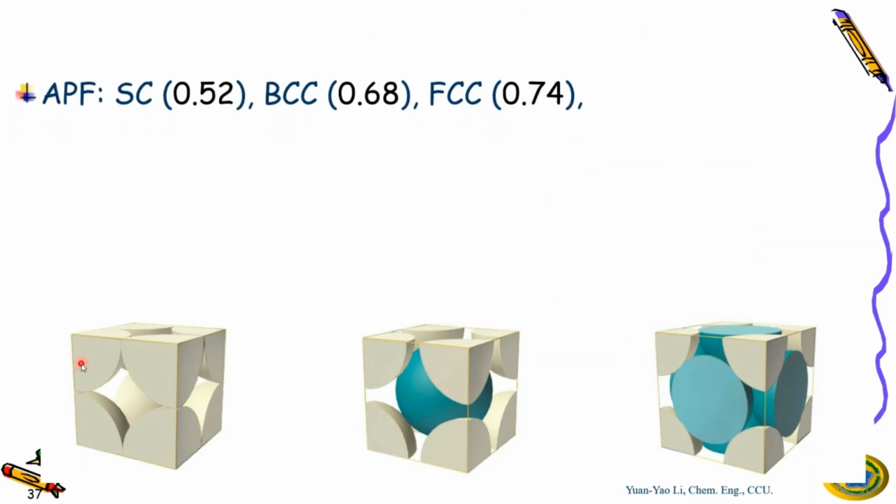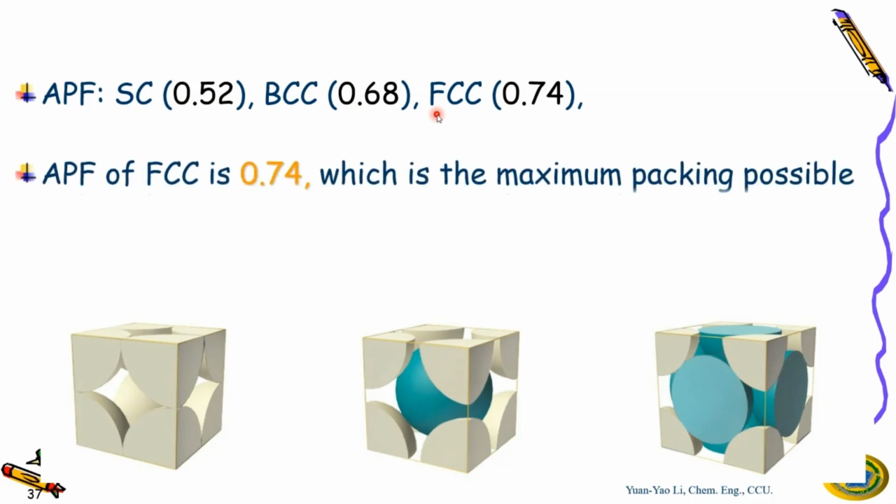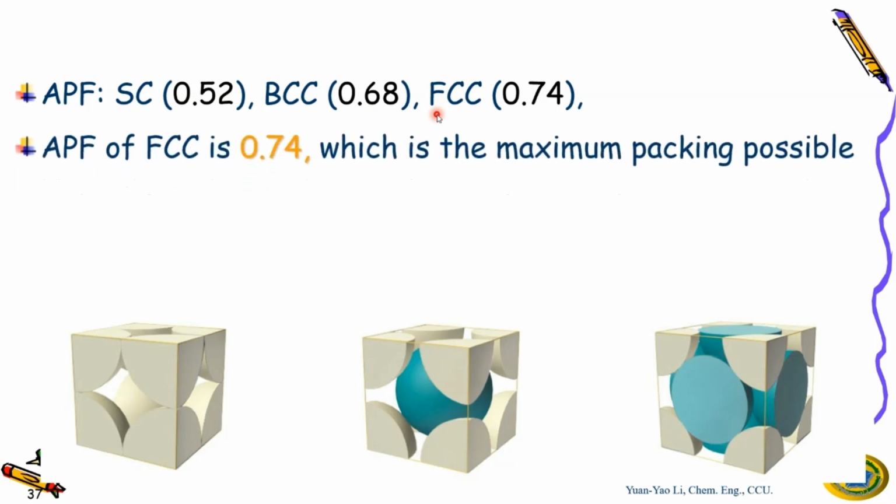So this is SC, this is BCC, this is FCC. So 0.52, 0.68, and 0.74. So the APF of FCC is the maximum packing possible. So for metals, FCC is the highest packing APF.